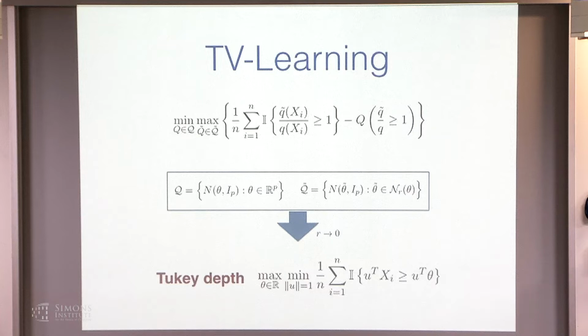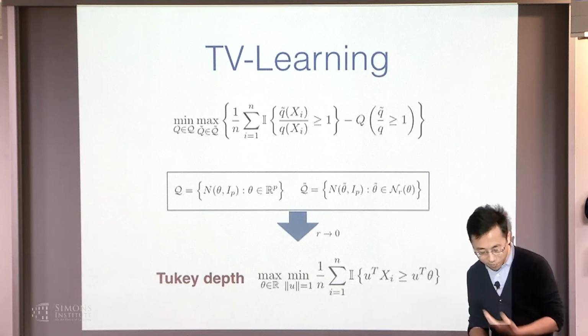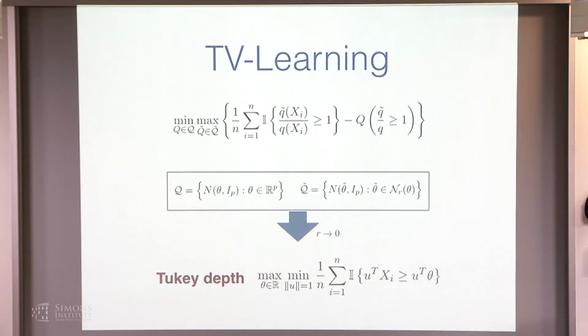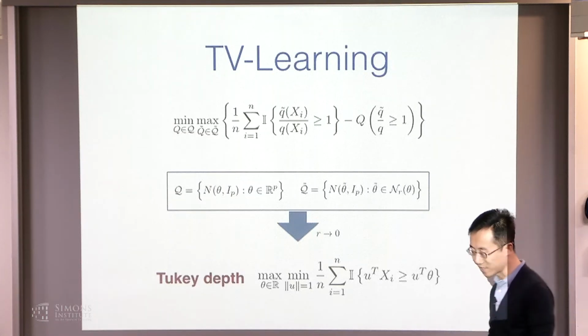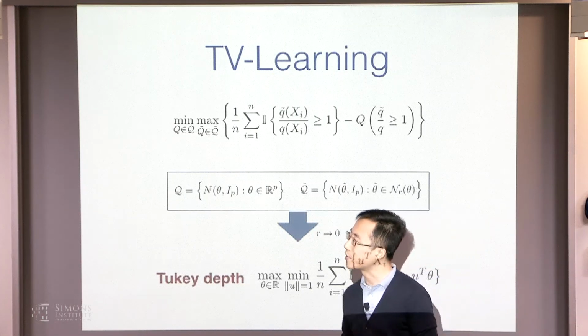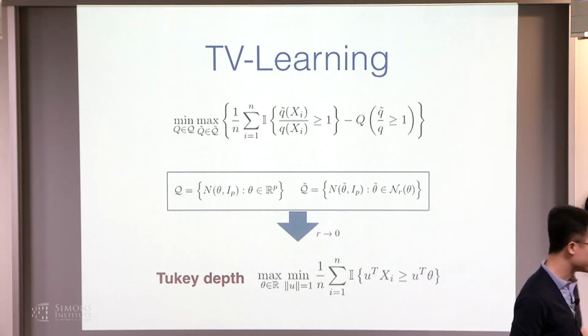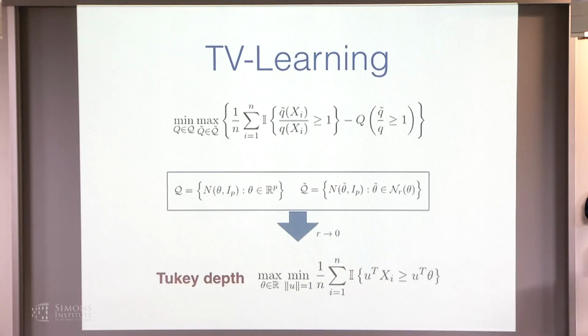Okay? So this is kind of interesting because before that, we have a good intuition of Tukey median. We understand that it is a process of projecting data and then trying to calculate univariate median and then combine them. But this process tells you that Tukey's median is nothing but the minimizer of a sample version of total variation distance.